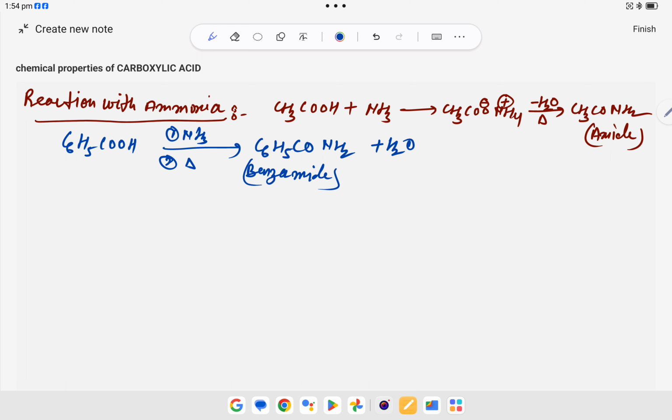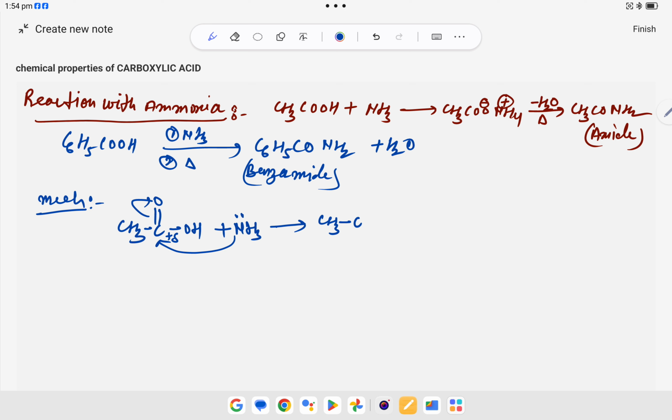Okay, so mechanism, easy, very easy. CH3 C double bond OH, NH3, nitrogen is having lone pair, so positive center attach, because here carbon is having positive sign, then oxygen electron shifted to the carbon, electron shifted to the oxygen, pi electron, sorry.